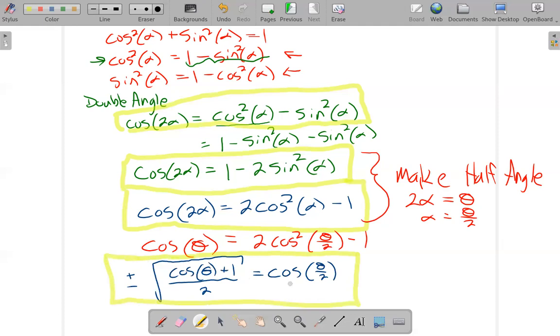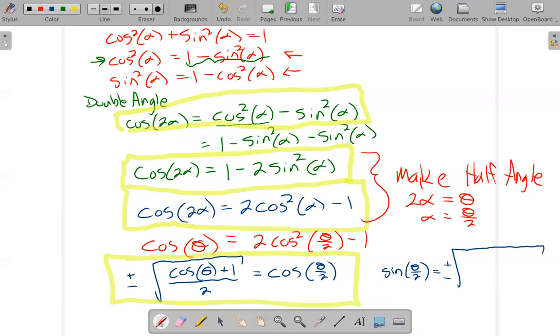Now, similarly, there's going to be a half angle formula for the sine, and that one's going to look a little bit different. We're going to have to subtract a 1, divide by -2. So I'm going to write the result next to this. The sine half angle, theta over 2, is also going to be plus or minus a big old square root here.